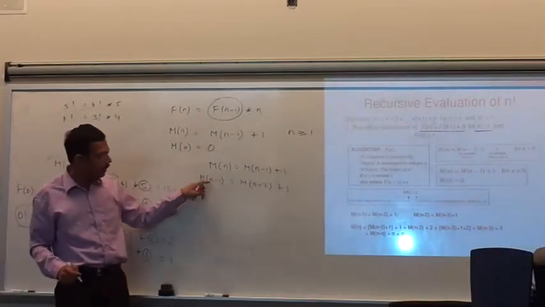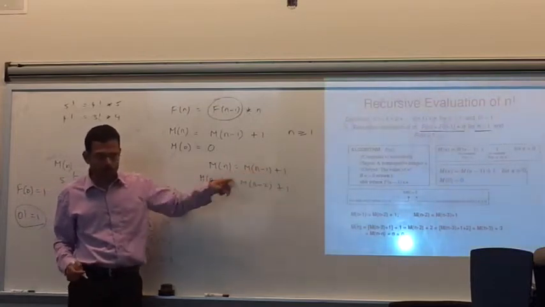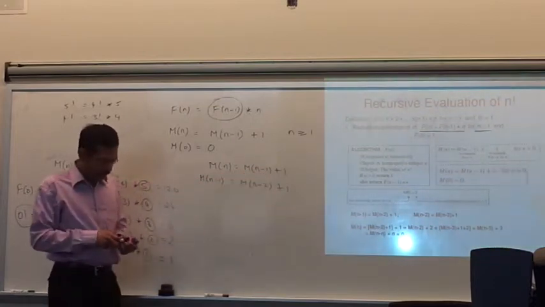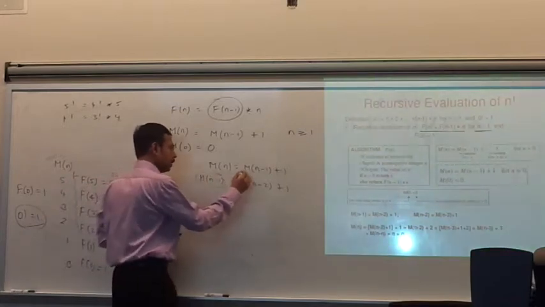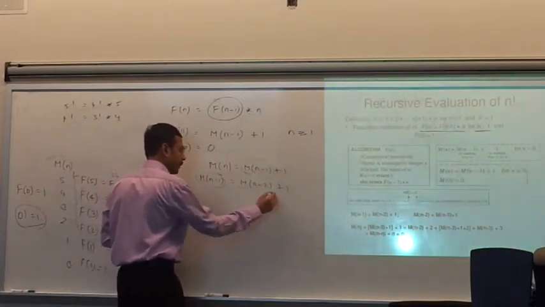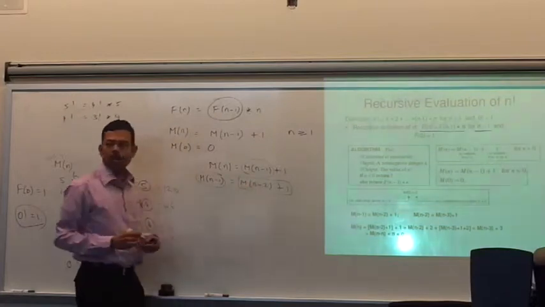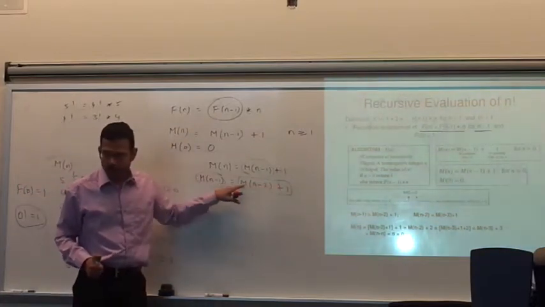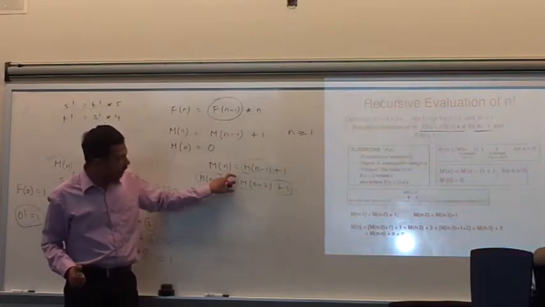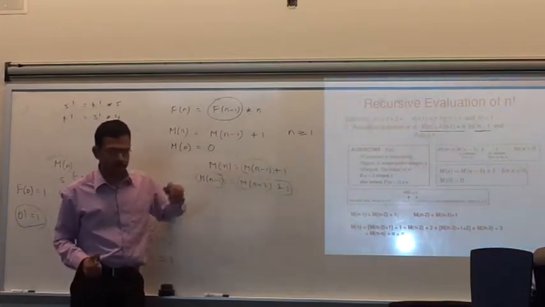So m of n minus 1 is m of n minus 2 plus 1. Why did I write it like that? Now I can substitute for m of n minus 1 here. What will I substitute? This whole thing. m of n minus 1 is m of n minus 2 plus 1, right? From the recurrence. So I can now substitute this whole thing for this.